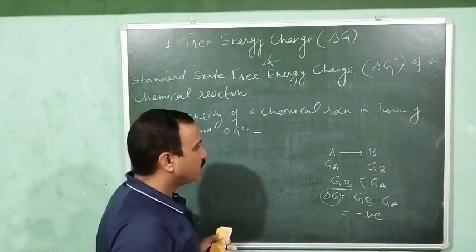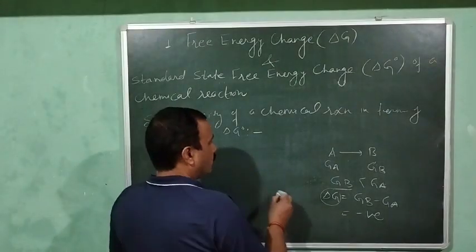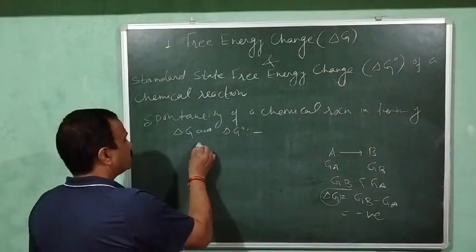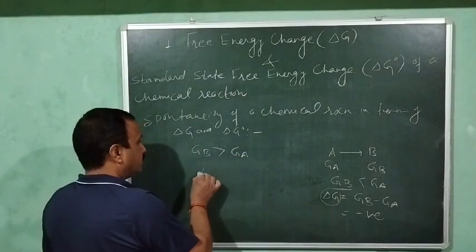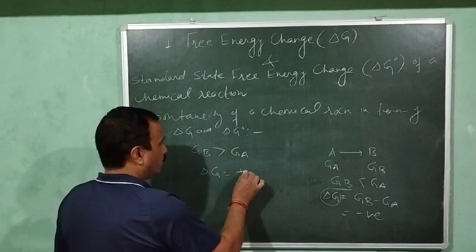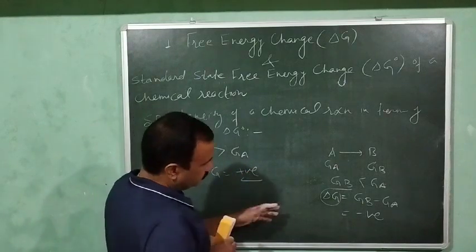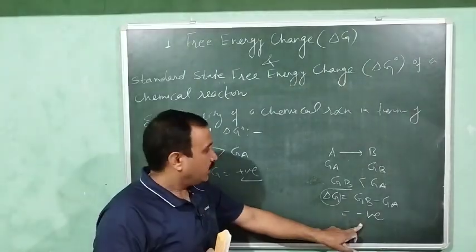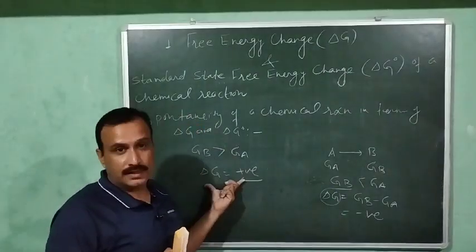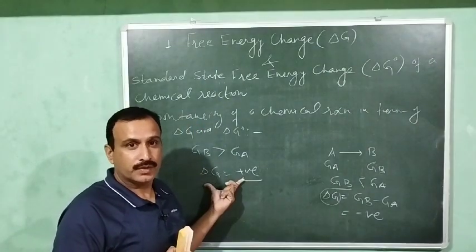And for a non-spontaneous reaction, Gb will be greater than Ga, then delta G will be positive. So for a spontaneous reaction, delta G is negative, and for a non-spontaneous reaction, delta G is positive.